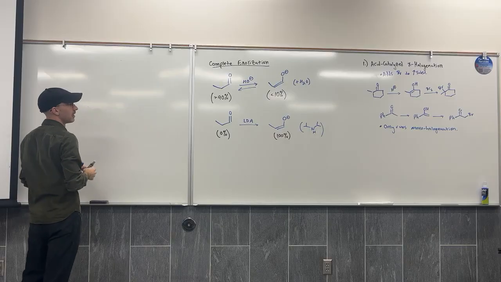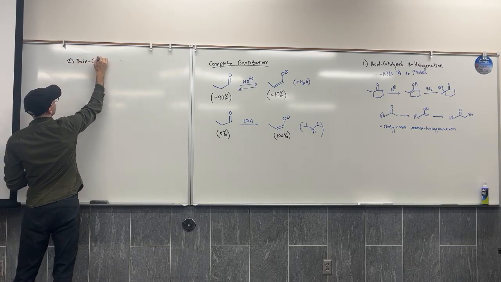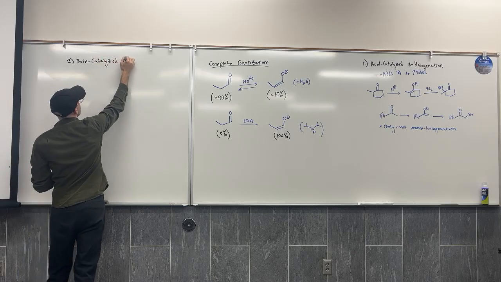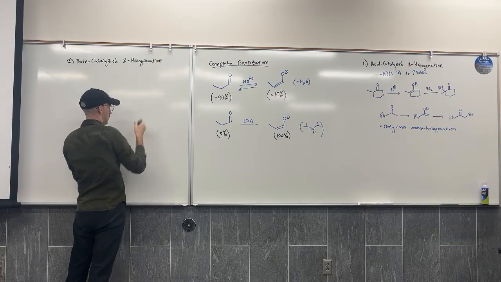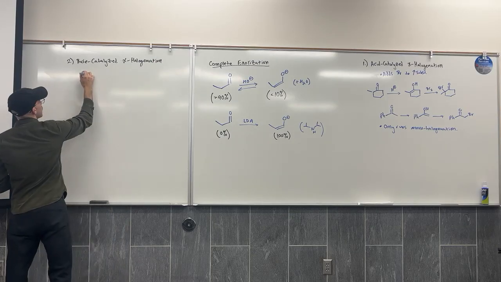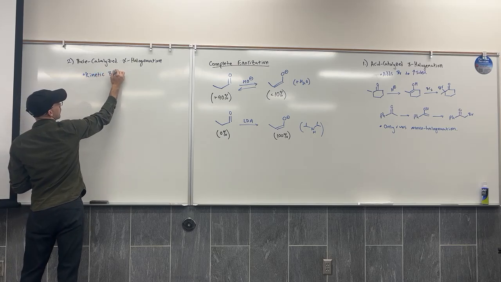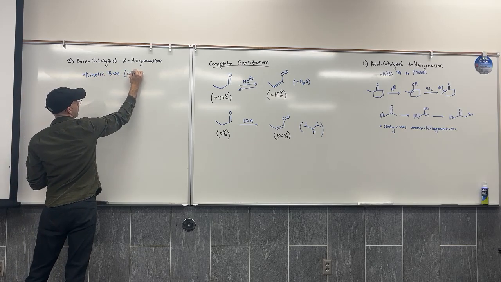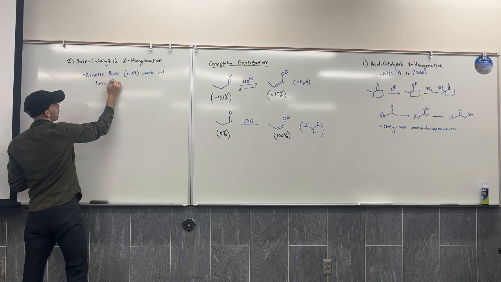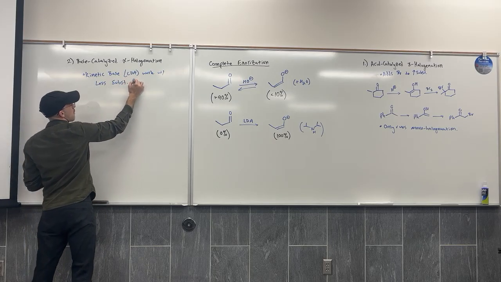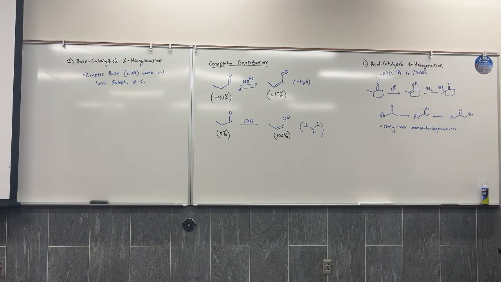Okay, in our reaction to the right, we've got base-catalyzed alpha halogenation. The distinction here is that a kinetic base, like LDA, is only going to react on that less substituted alpha carbon.